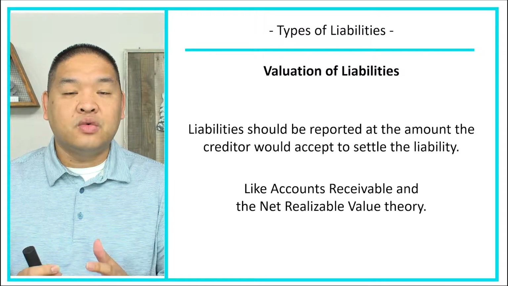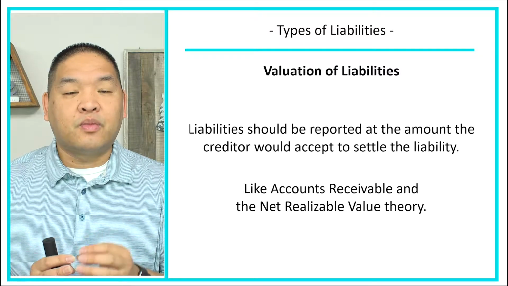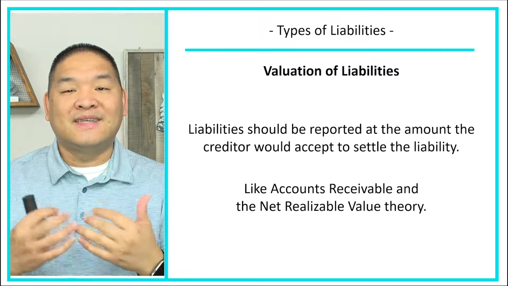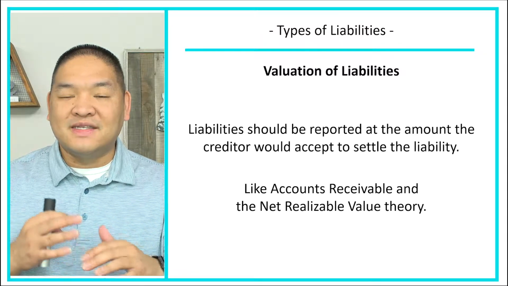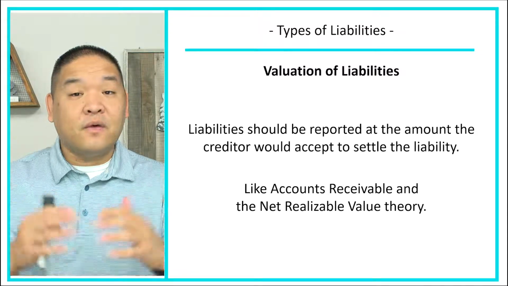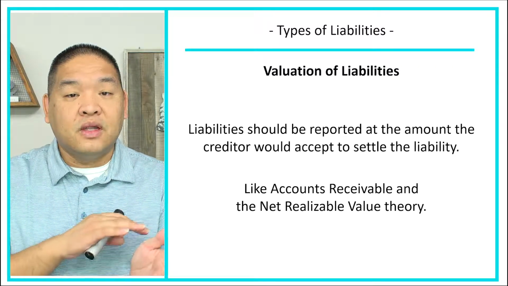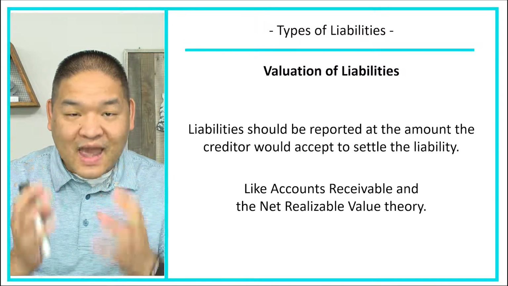The reason we're doing that is we want to make sure that we're providing on our financial statements what we are obligated to pay. And if it is not expected for us to pay the full amount, then we should put that on our books. We'll talk more about that later on when we get to cash discounts.